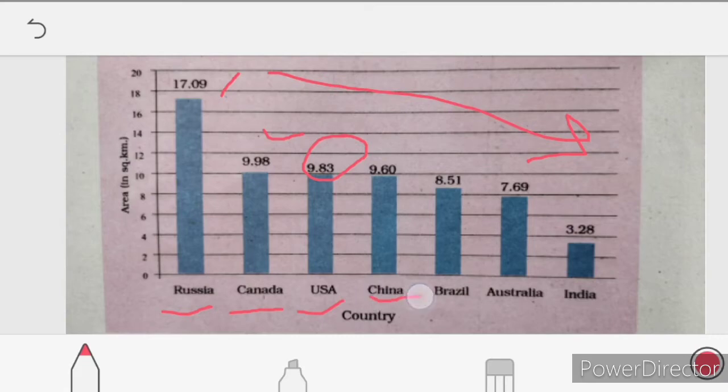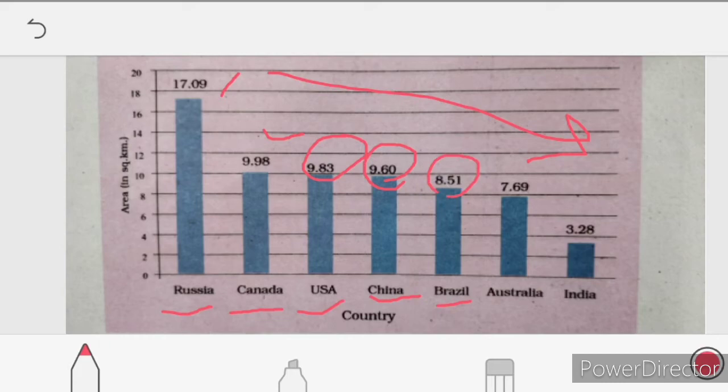On fourth number, China, found in the Asia continent, with an area of 9.60 million square kilometers. And the fifth number is Brazil, found in the South America continent, with 8.51 million square kilometers.